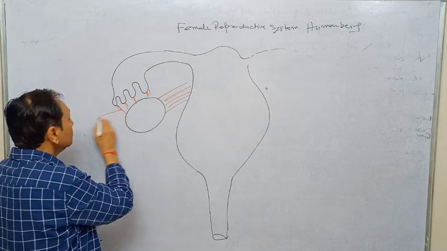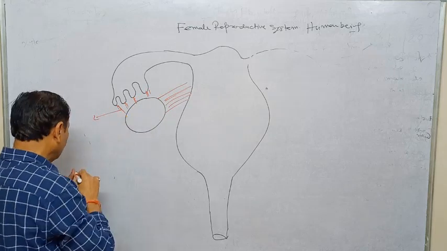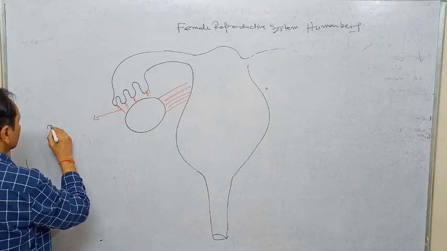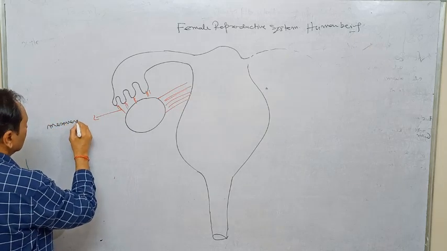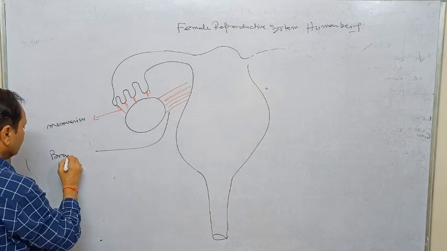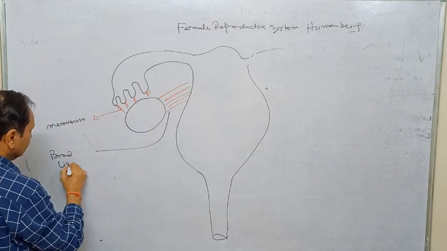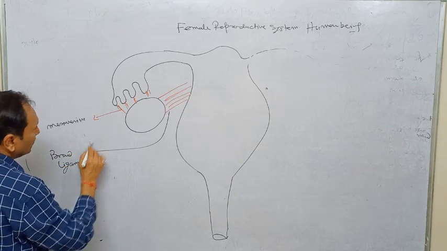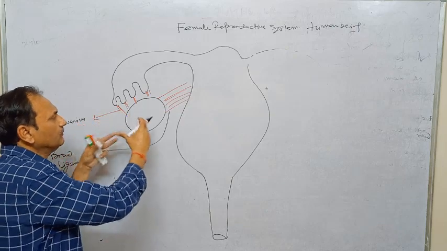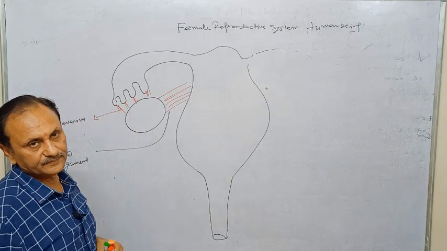One, this one, is called the mesovarium, and this one is the broad ligament. These two parts are responsible for maintaining the proper place of this particular ovary.